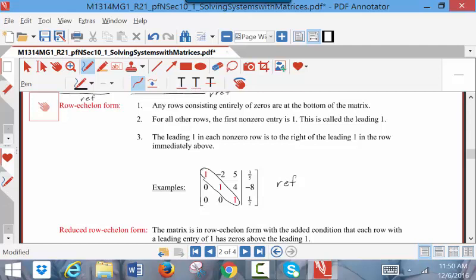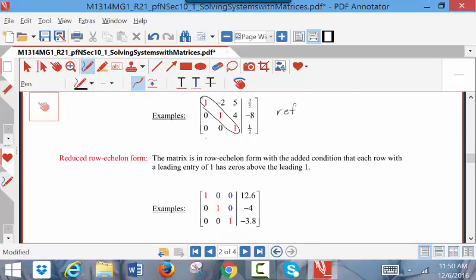If you do these row operations to the point that your matrix has all ones on the diagonals and zeros above and below those ones, then you have the reduced row echelon form of the matrix. We really like the reduced row echelon form of the matrix because if you look at this, converting it back to a system, this is 1x plus 0y plus 0z equaling 12.6.